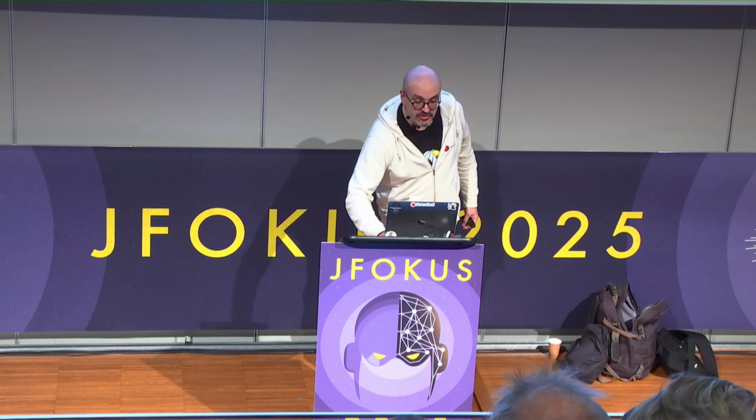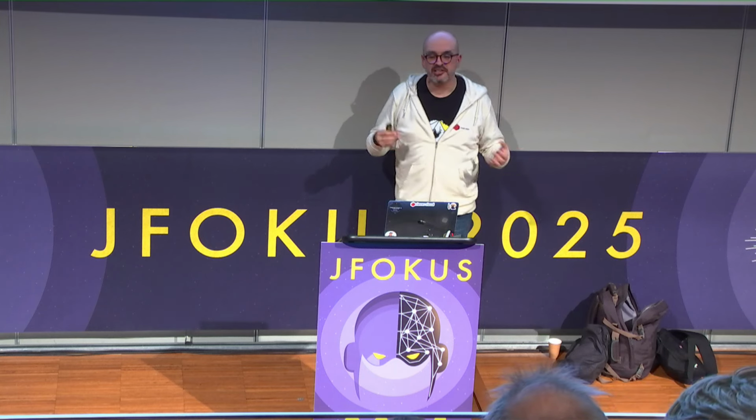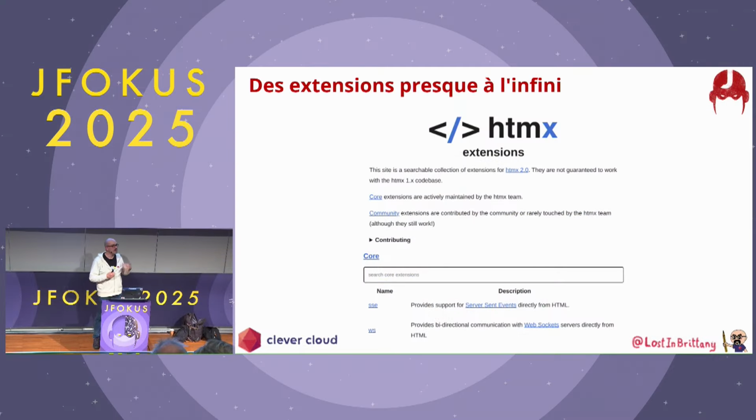You can also do many more things with plain old htmx. There are many things for WebSockets, for example, but if you have some limits, you can extend them because there are a lot of extensions to htmx, and you can write your own extension to encapsulate the behavior you want.